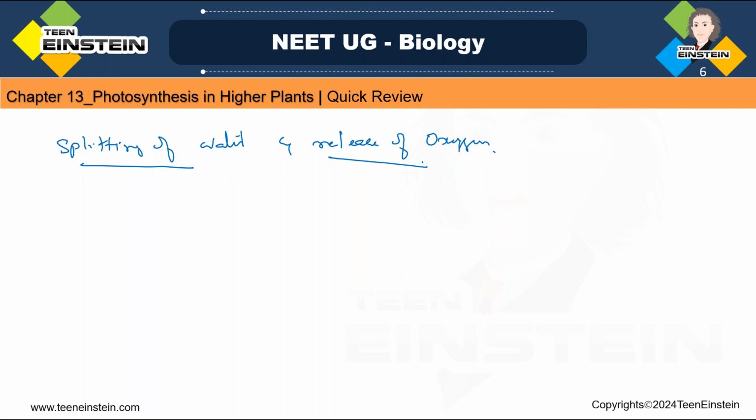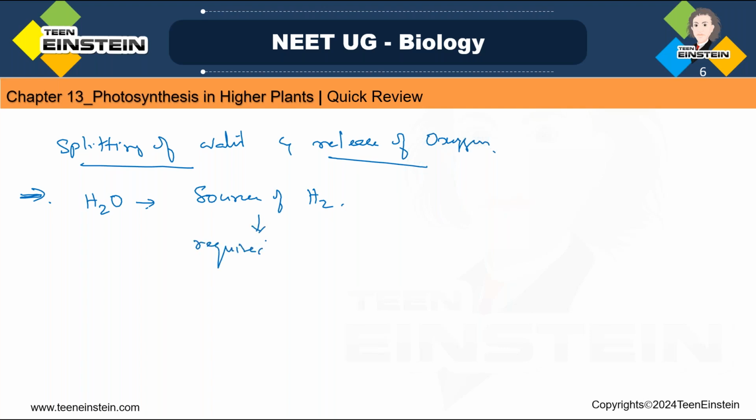Okay, so in photosynthesis, water is used as a source of hydrogen which is required for the reduction of carbon dioxide. This is one repeated question. Role of water. So in photosynthesis, water, H2O, is used as a source of hydrogen. And what is the role of this hydrogen?